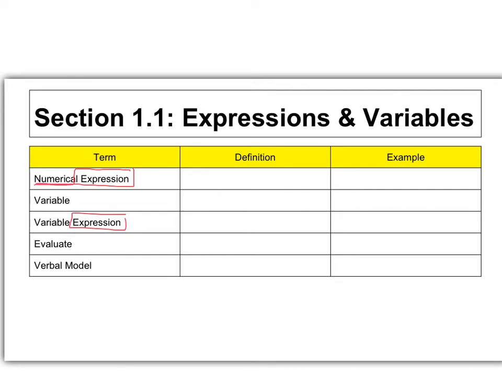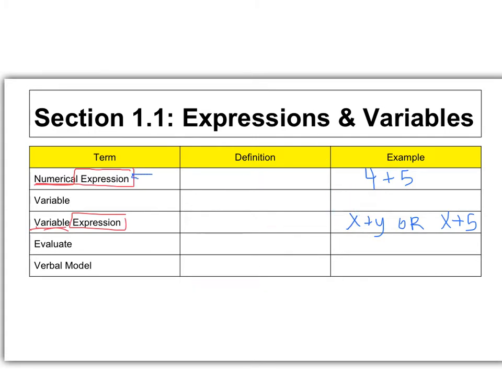There's a numerical expression, and there's a variable expression. It seems pretty self-explanatory that a numerical expression has numbers, like 4 plus 5, where a variable expression has variables, like x plus y, or even x plus 5. As long as it has a variable in it, it's called an expression.